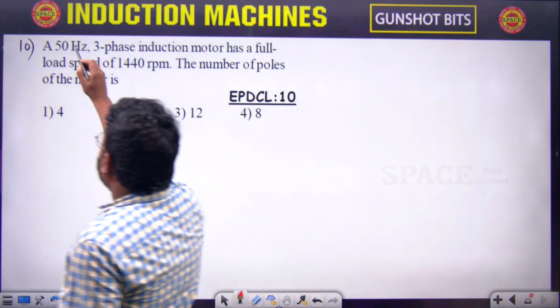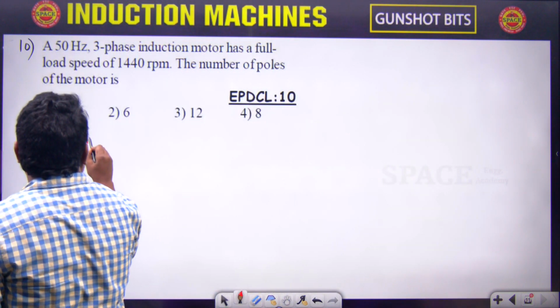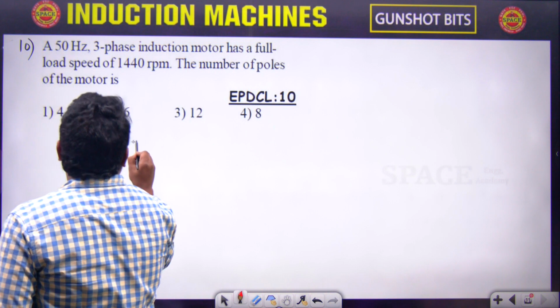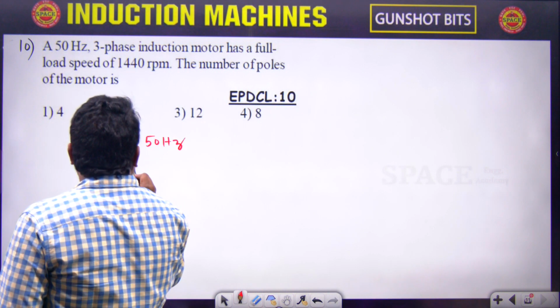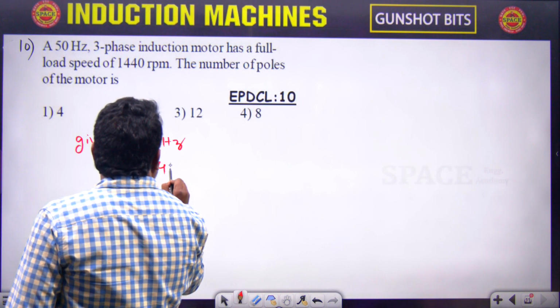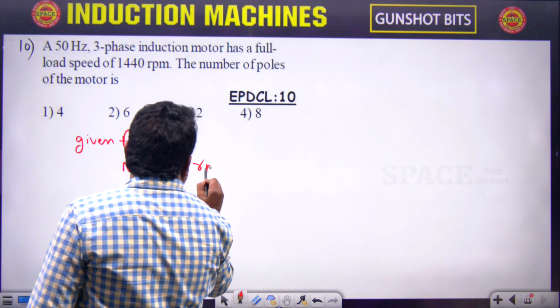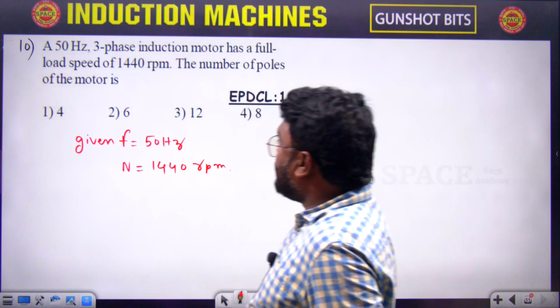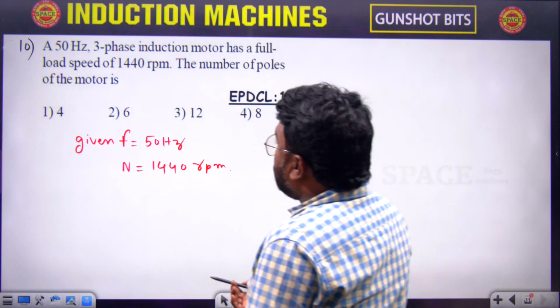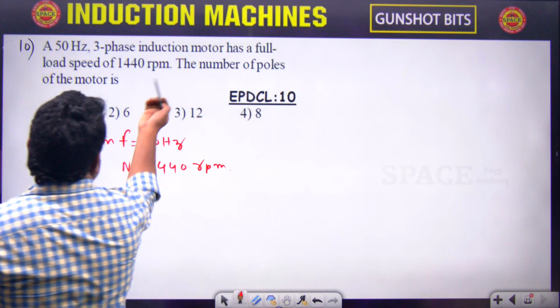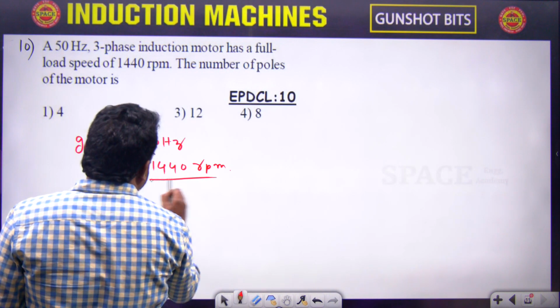Given in the question, the frequency f is equal to 50 hertz and the speed of the machine N is equal to 1440 rpm. But we don't know the synchronous speed; this is only the rotor speed.